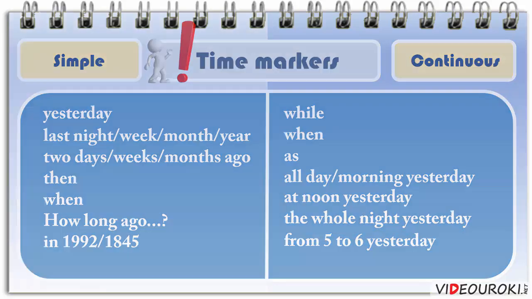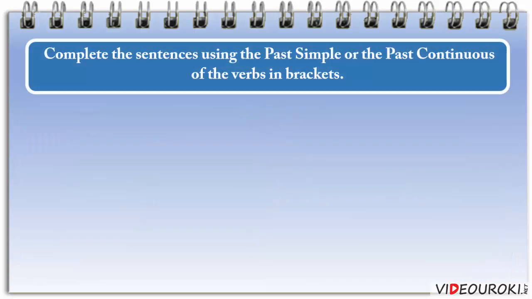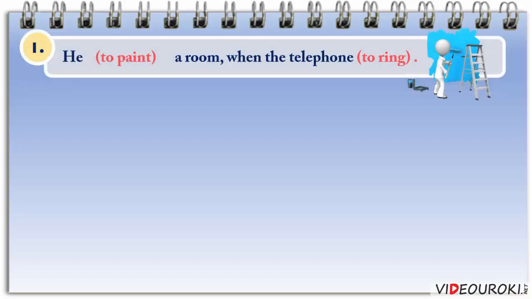Now it's time to practice the use of past tenses. Complete the sentences using the past simple or the past continuous of the verbs in brackets. The first sentence. Now check yourselves. He was painting a room when the telephone rang.